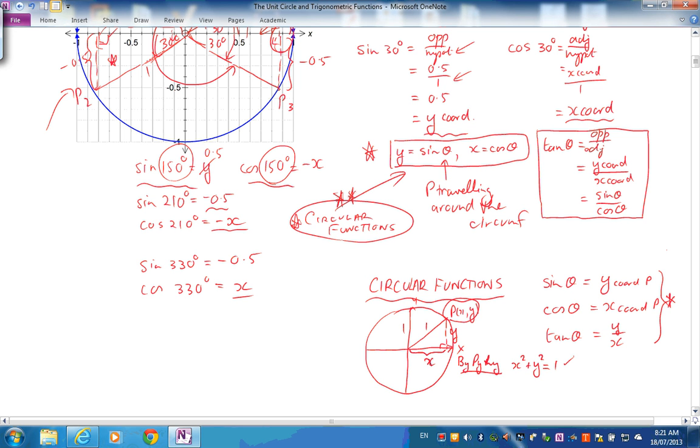But also, what's interesting, x is the cosine of theta, so cos squared theta plus y is the sine, plus sine squared theta equals 1.